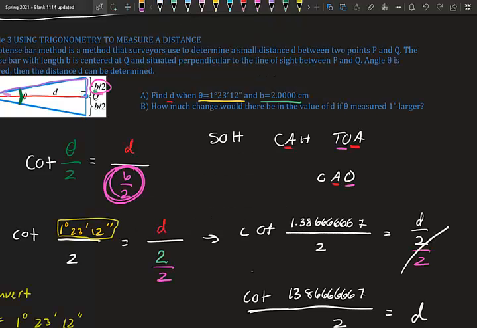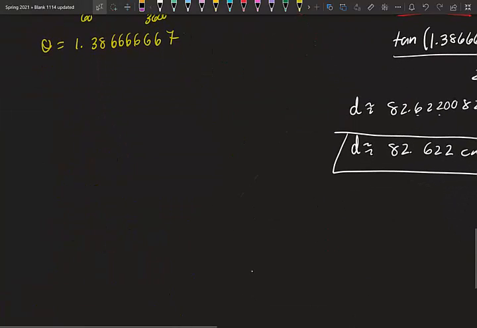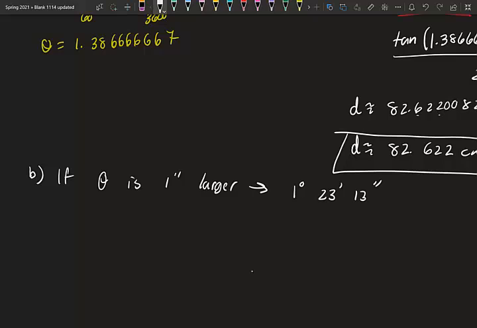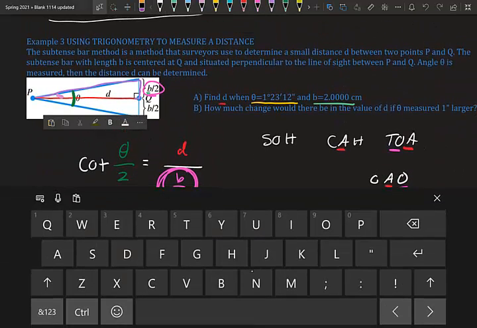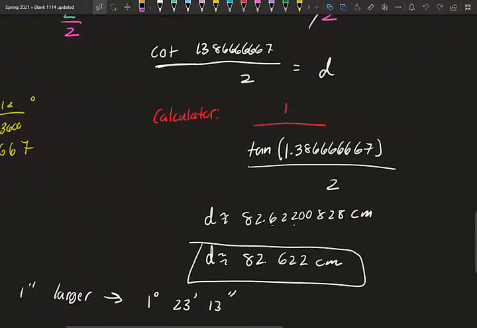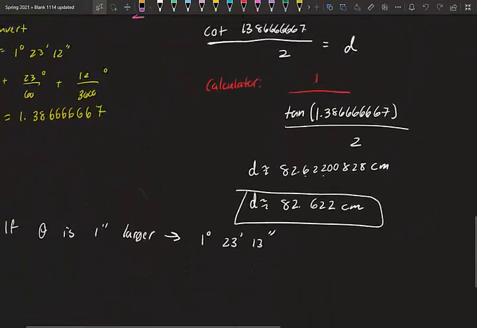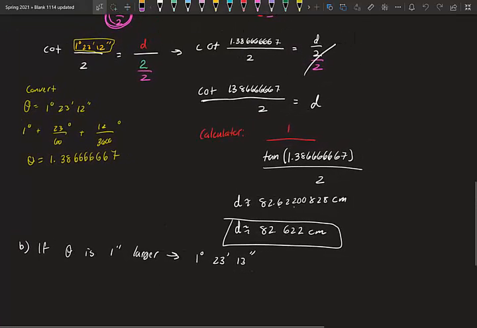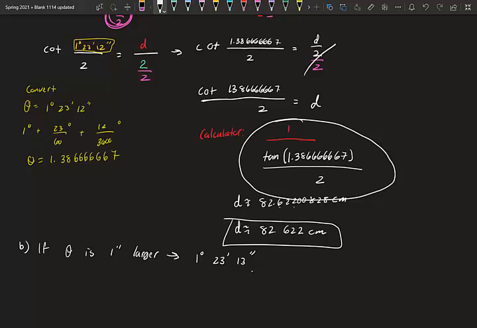Alrighty, part b. How much change would there be in the value of d if theta measured 1 second larger? If theta was 1 second larger, we're talking about 1 degree, 23 minutes, 13 seconds, because it goes from 12 to 13. If we plug it into the formula we just came up with, all we need to change is that number there.